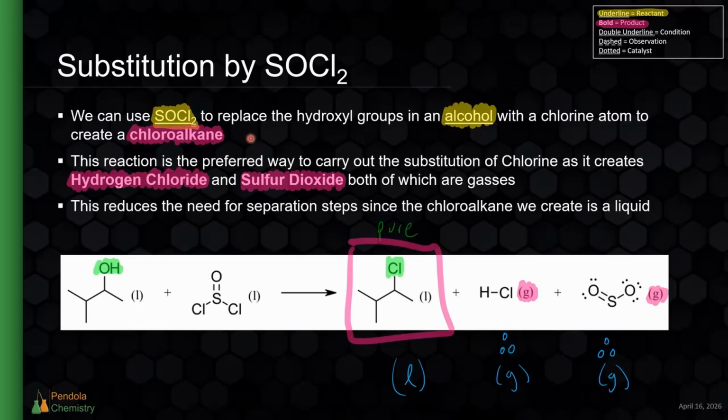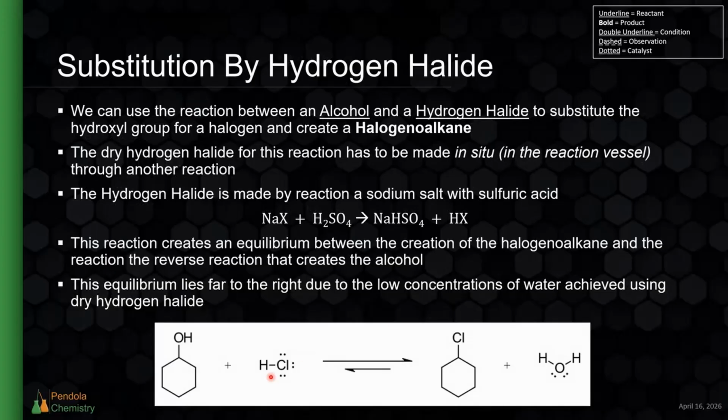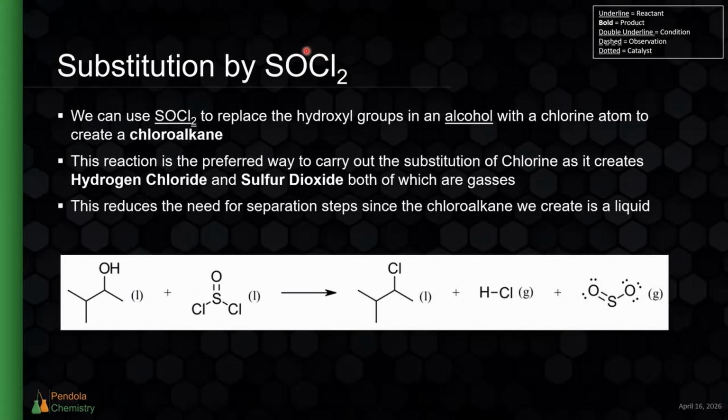Now, I did mention that this is one of 4 different ways. We saw 2 already. The reaction with hydrogen halides, with HCl, to create our chloroalkane. There's also the reaction with SOCl2 to create a chloroalkane. But there are 2 other reactions that will create a chloroalkane.